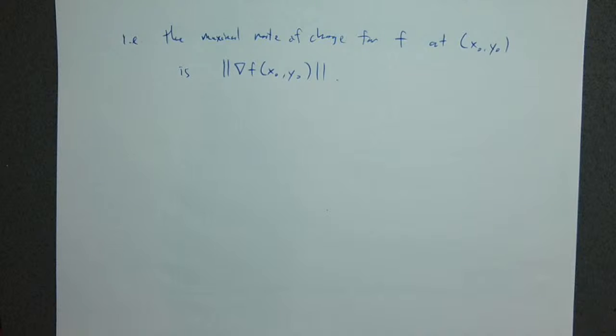So if you want the unit vector, you would take the gradient and divide it by its length. And that gives you the unit vector that maximizes this rate of change. Okay, so that's why the gradient is important.